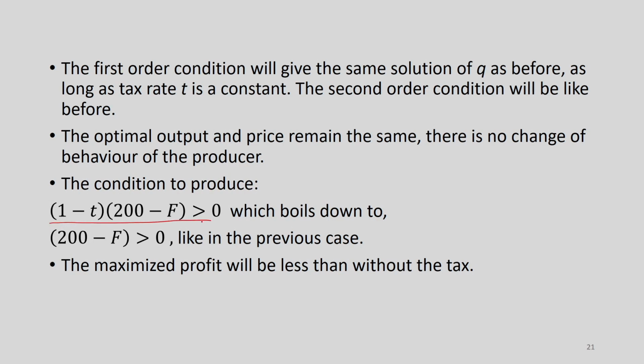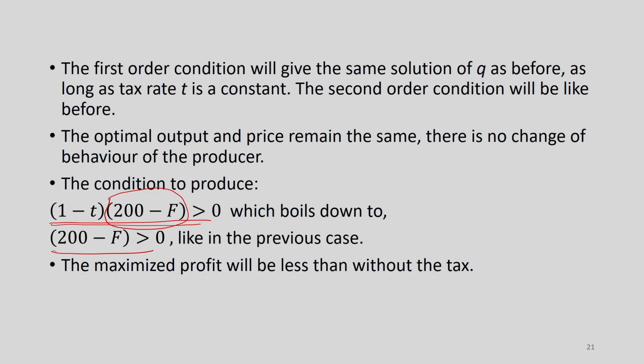That depends on the profit, it has to be positive. So this is the maximized profit, 1 minus t multiplied by 200 minus f, and that is actually the same condition, because 1 minus t is just a positive constant. So what matters is this part, this has to be greater than 0.